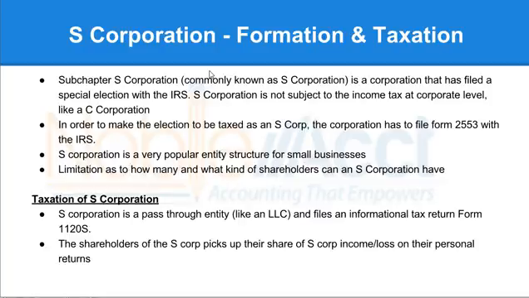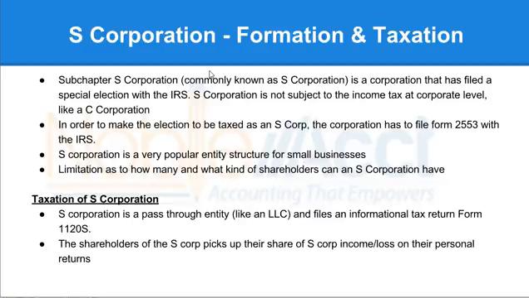All shareholders must be individuals or certain trusts or estates, meaning LLCs or other corporations cannot own shares in an S corporation, and all shareholders must be residents or citizens of the United States, etc. So if a business meets all these requirements, then it can definitely choose to be taxed as an S corporation.